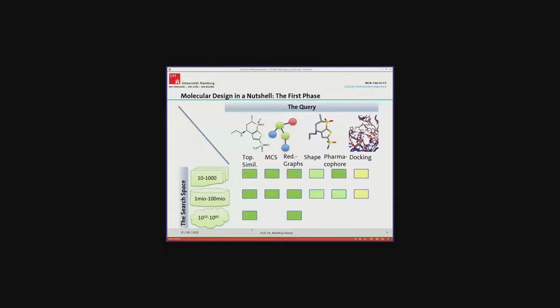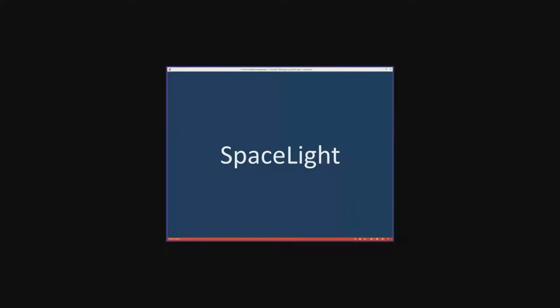Now I will show you how to actually search with topological similarity, which we published just a few months ago. And in the second part of the talk, I will show you how you can search for maximum common substructures, which also includes subgraph matching. I will not talk very much about the structure-based part here.